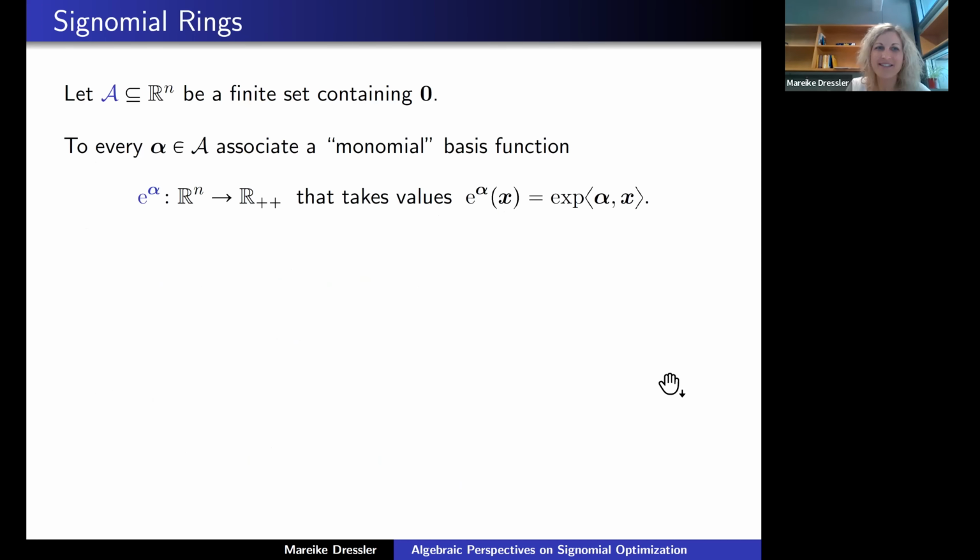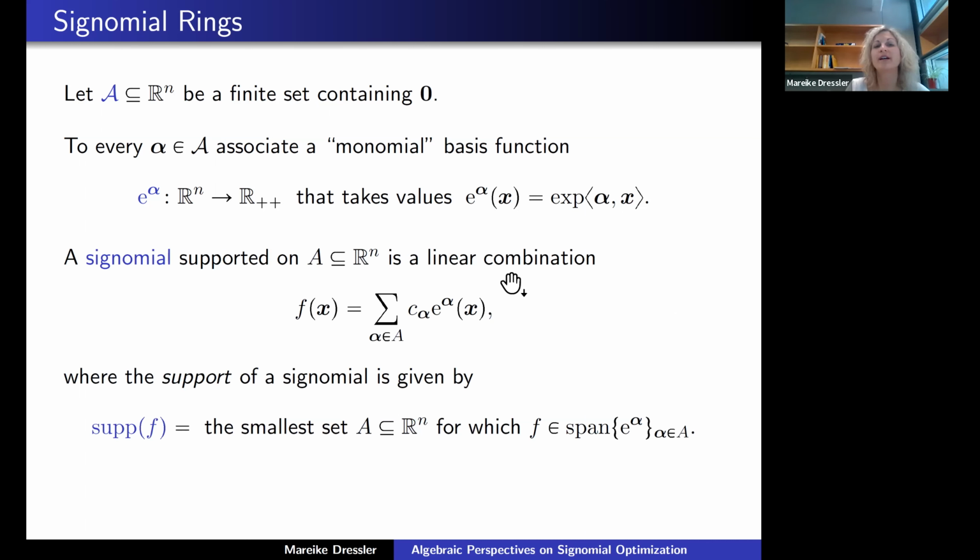Okay, so what are Signomial rings? We start by considering a finite ground set A, and this finite ground set contains the origin. Then we associate to every vector inside our ground set a monomial basis function, so to say, this exponential function composed with linear functions of a variable x.